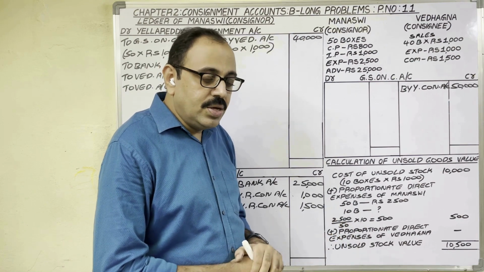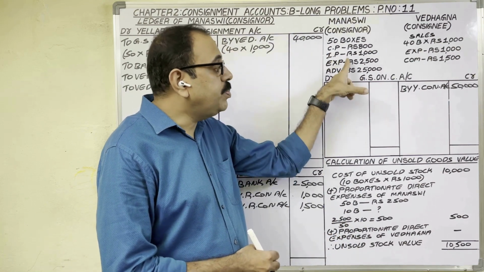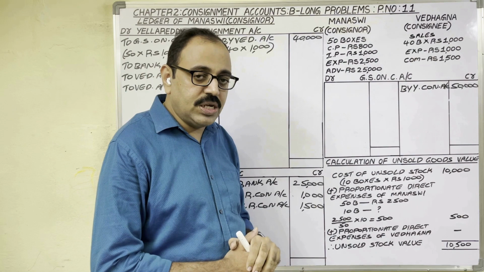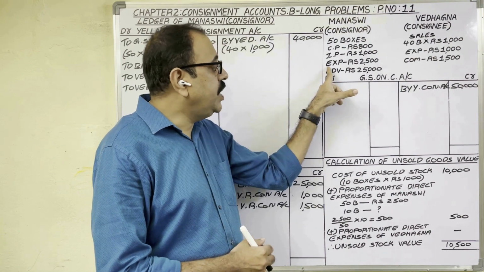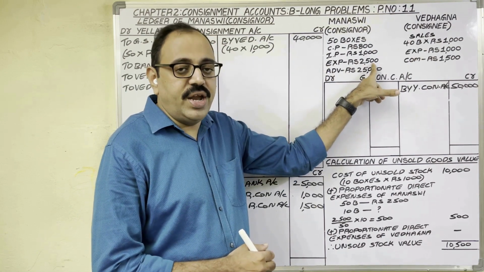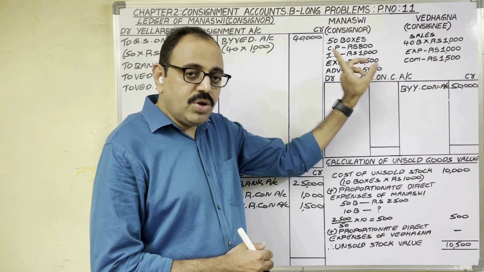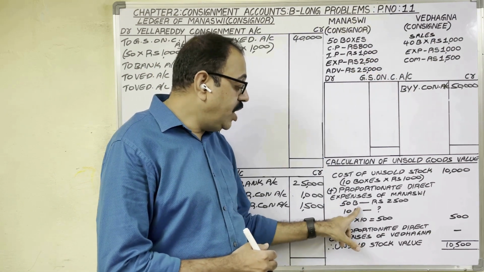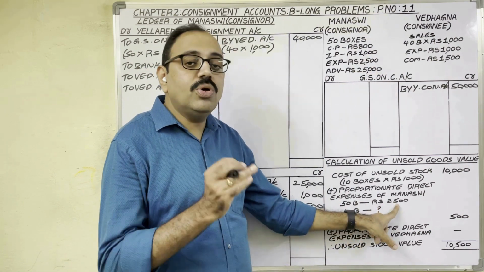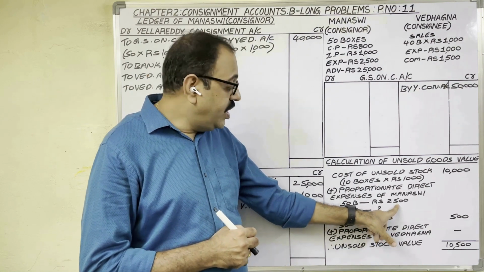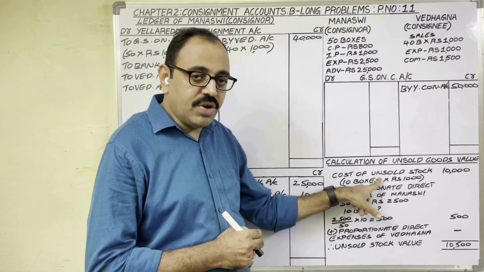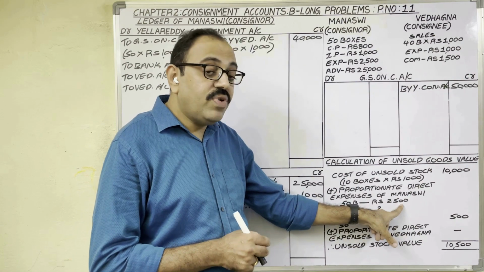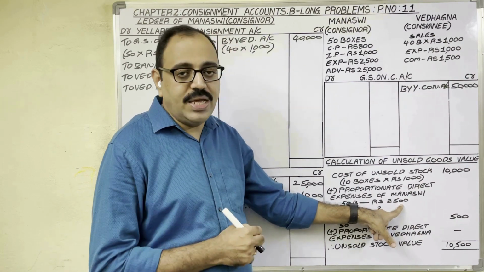The consignor's expenses are always direct expenses. So the consignor's expenditure is 2,500 forwarding charges. Now the question is, on 50 boxes she spent 2,500. We need the value for 10 boxes. Therefore we should add only the expenditure worth 10 boxes here.